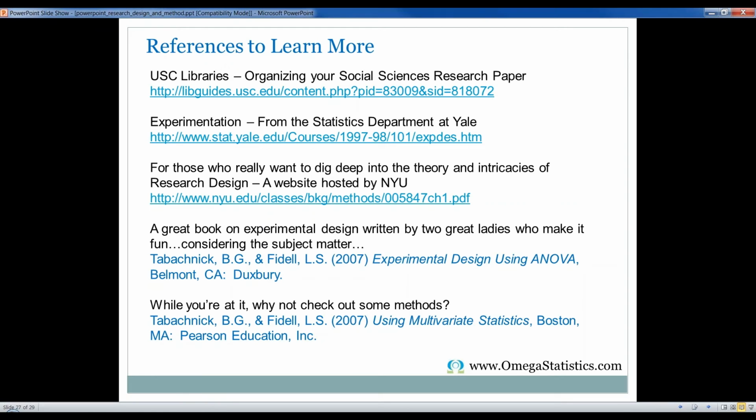The third one is the one I was talking about, on deterministic versus probabilistic and the intricacies of research design. Very good paper to read. I would suggest reading that. And then some good books by Tabachnick and Fidell on experimental design and multivariate statistics, which probably have all kinds of different methods and designs in there. Some very, very good references there.